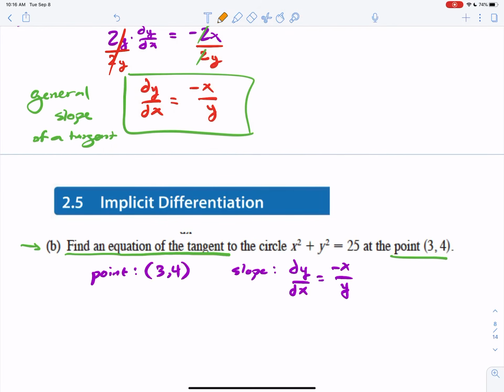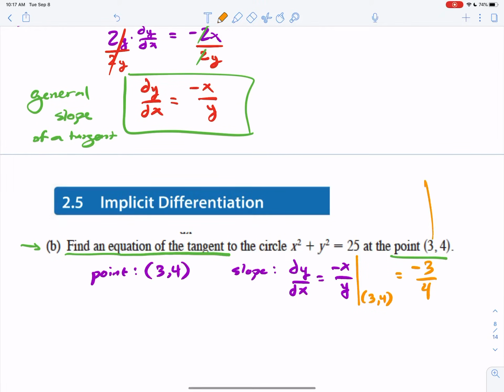So what we want to do is evaluate this slope at 3, 4. If you remember, the evaluate symbol is this vertical bar here. We're going to evaluate this at 3, 4. So notice here, you could actually plug in the x and the y. So this is really negative 3 over 4.